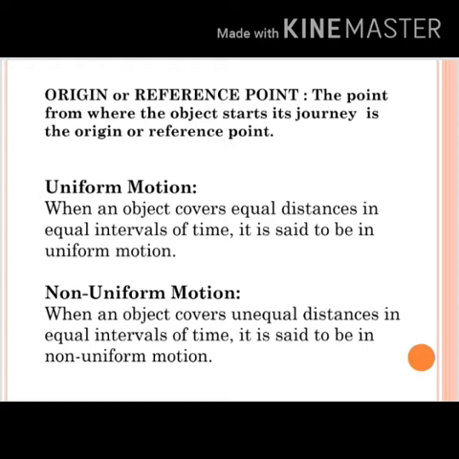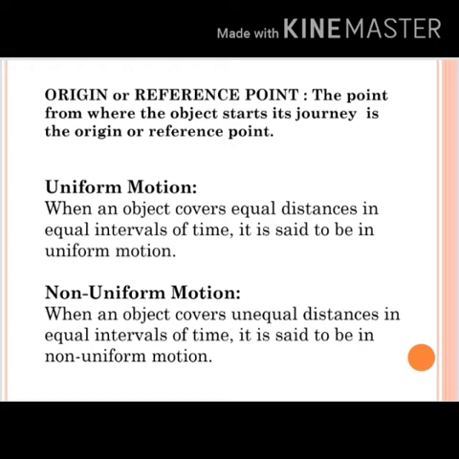If we drop a ball from the roof of a building, we will note that the ball covers 4.9 meters in the first second, 14.7 meters in the next, and so on. That is, the ball covers increasingly larger distances in successive seconds as it falls down. Thus, the motion of a freely falling body is a non-uniform motion.